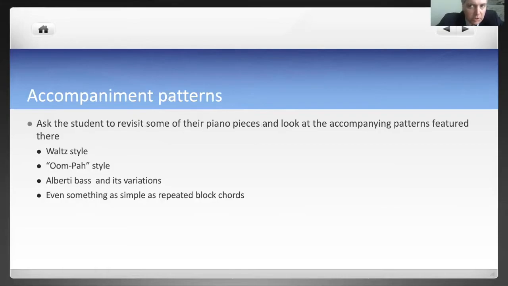And then, deciding on accompaniment pattern, we can ask the student to revisit some of their piano pieces and look at the accompanying patterns featured there. We have obviously the waltz style. We have what I would like to call the oompah style. We have Alberti bass with its variations.